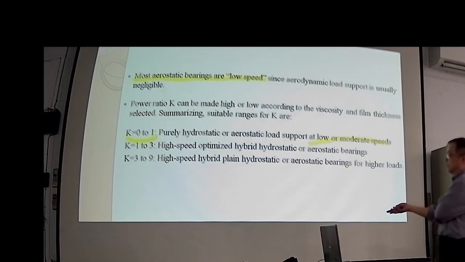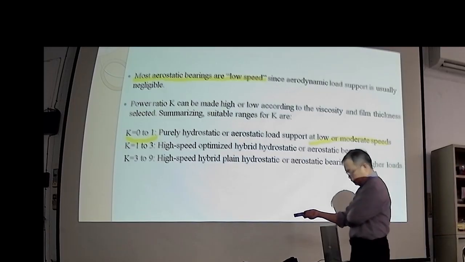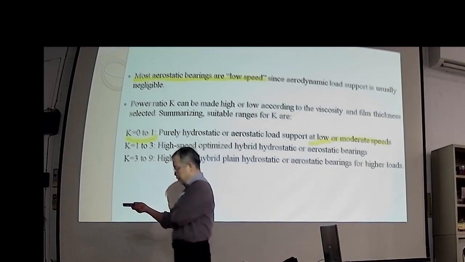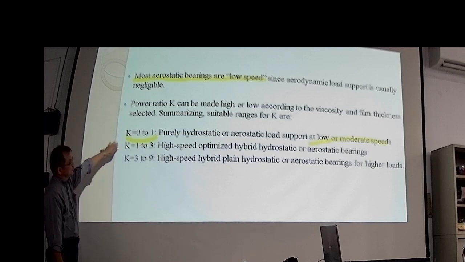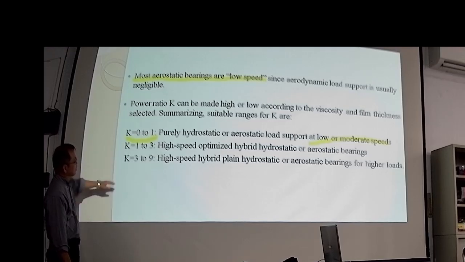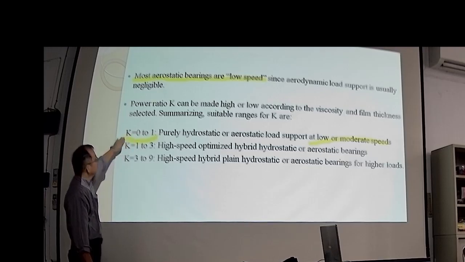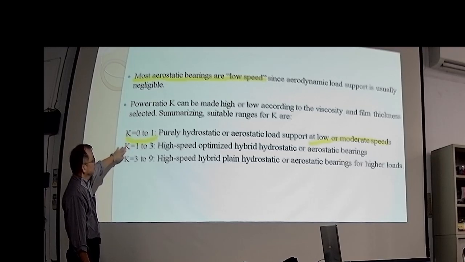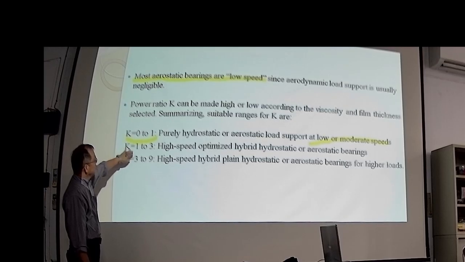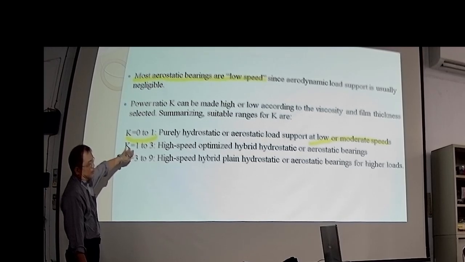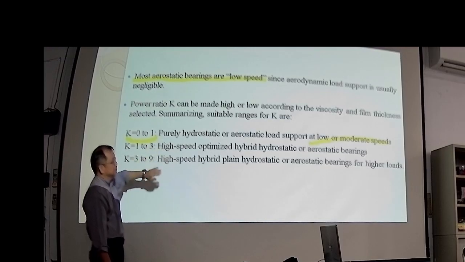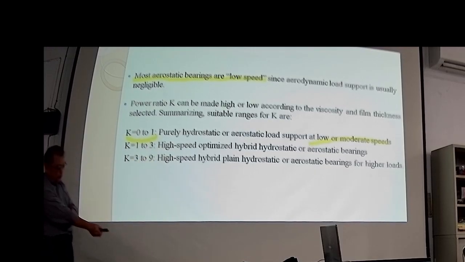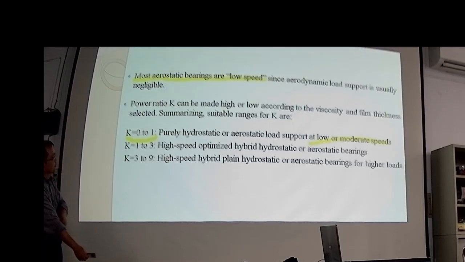So we are going to summarize here. For K between 0 and 1, the bearing is a low speed bearing. K equal to 1 to 3 means it is a high speed hydrostatic bearing or aerostatic bearing.